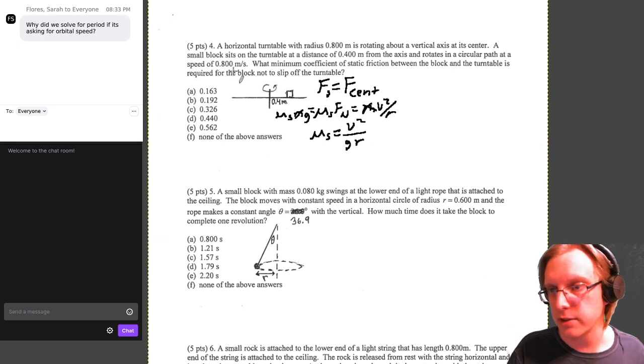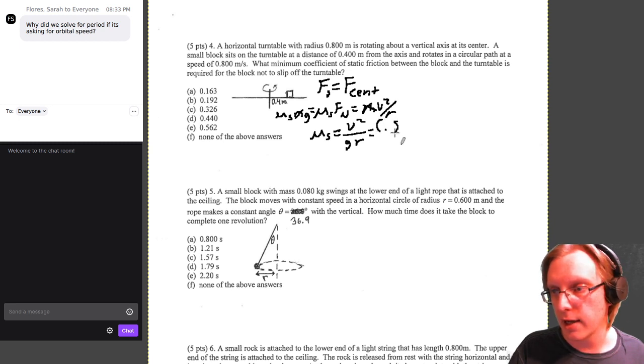We have a velocity, 0.8 meters per second. We have gravity, 9.8, and a radius of 0.4 meters. That 0.8 meters is a red herring. And I will wager that putting the 0.8 into this r will get you an answer that is also over here somewhere. And I'm going to try that because I'm pretty sure that's a thing.